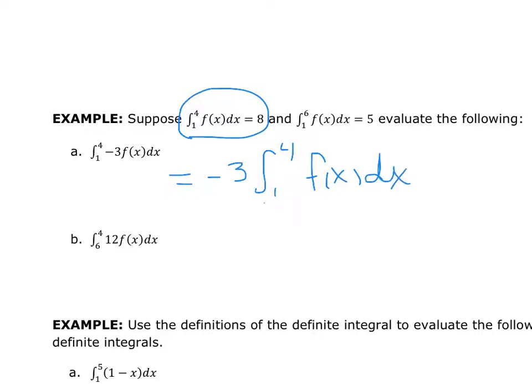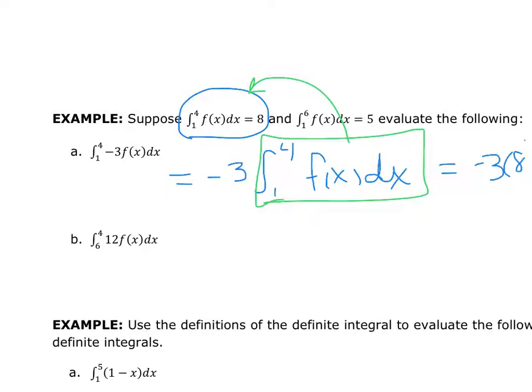And then I know that this part is equal to this part. So when I see the integral from 1 to 4 of f of x dx, I can replace it with just 8. So this is equal to negative 3 multiplied by 8, and then whatever that answer is. So you're going to see a couple in the homework like this. In this section, there's a couple just like this.